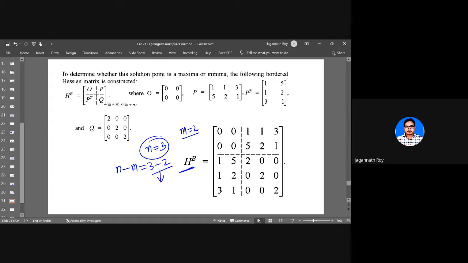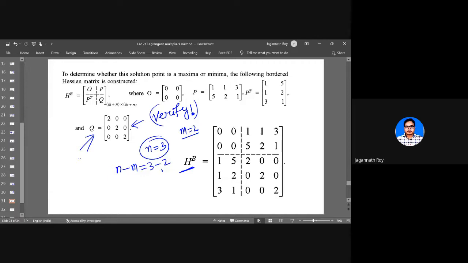How many deltas do we have to find out? Only one. So only one principal minor is needed to verify. And if you just try to find the second order derivatives, it will be okay. So try to verify.